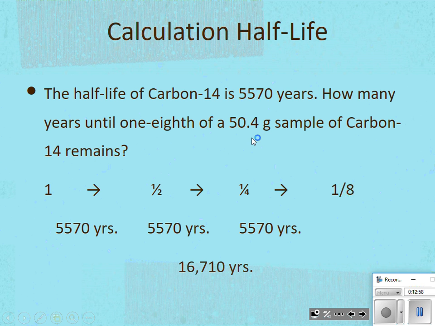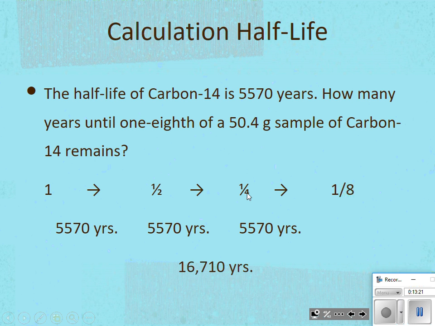Now, if we start out with 100%, it takes 5,570 years for half of that to decay. So now I've got 50%. It takes another 5,570 years for half of 50%.